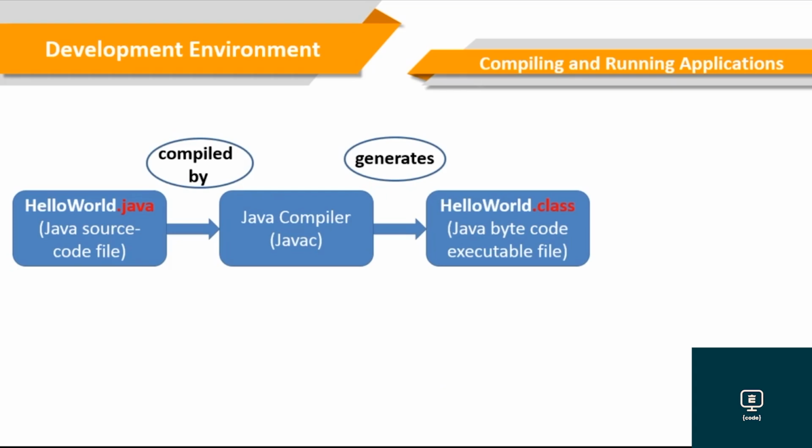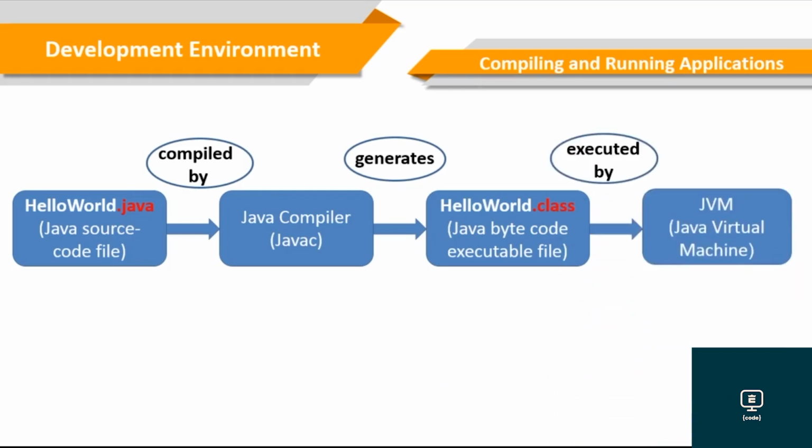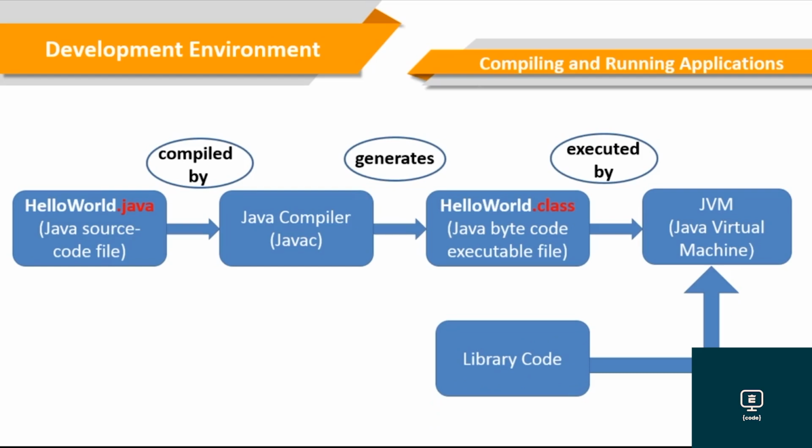And then this class file can be executed on any platform or operating system by the Java Virtual Machine. The Java Virtual Machine translates bytecode into native machine code, which machines can then execute. Also, let me mention that library code is executed by the Java Virtual Machine.